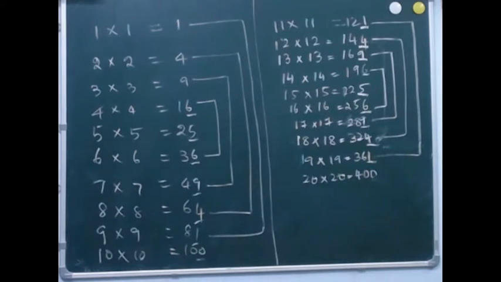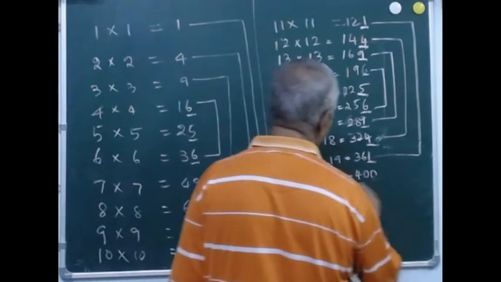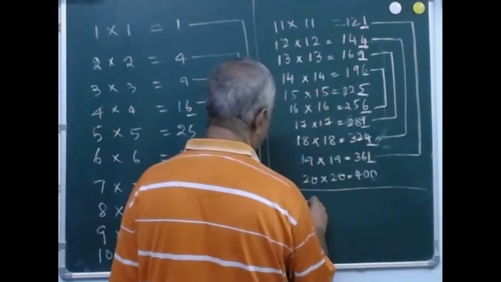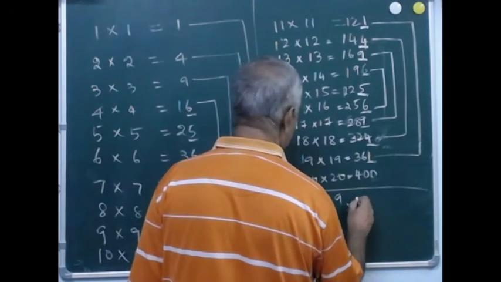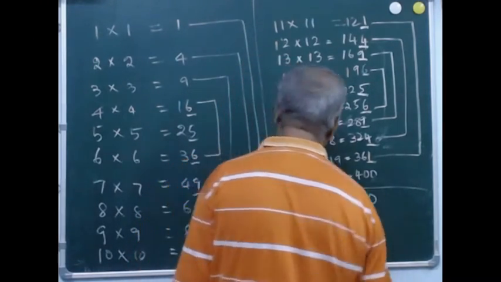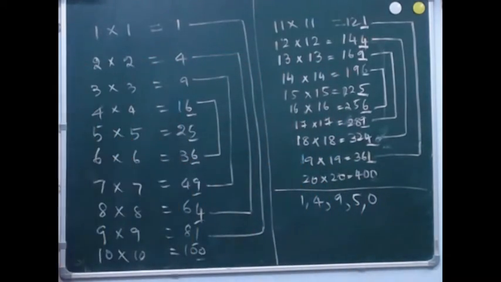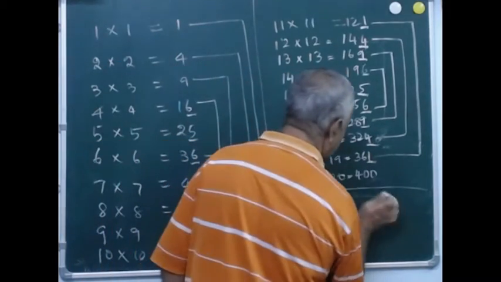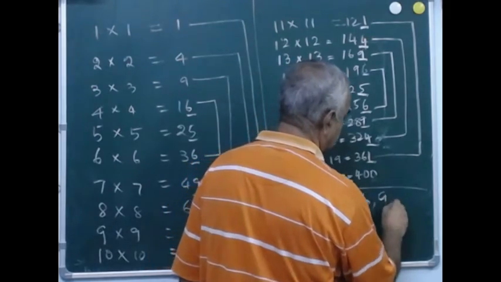From this, it's clear that if a number is a perfect square, the unit digit may be 1, 4, 9, 5, 6, and of course 0.